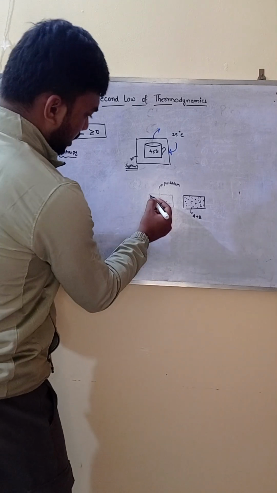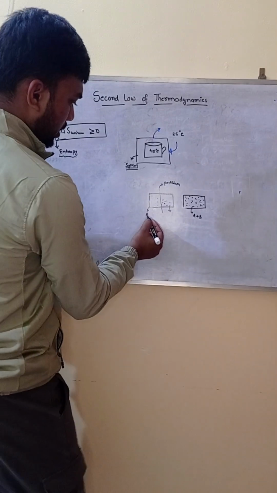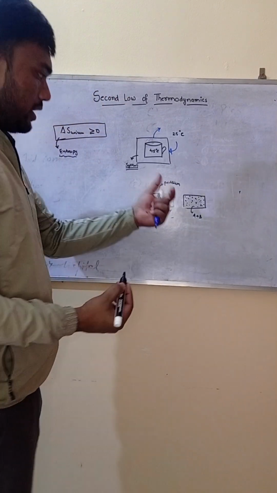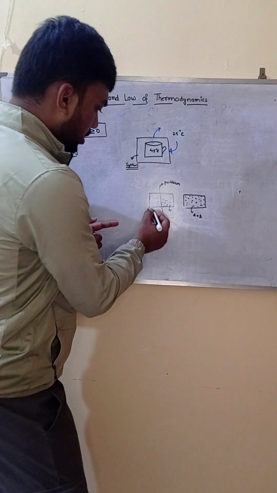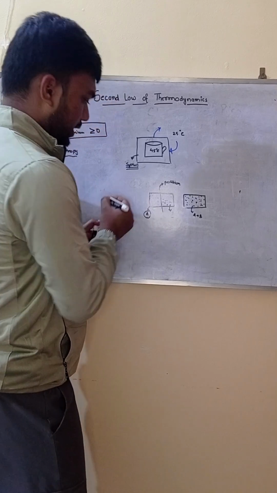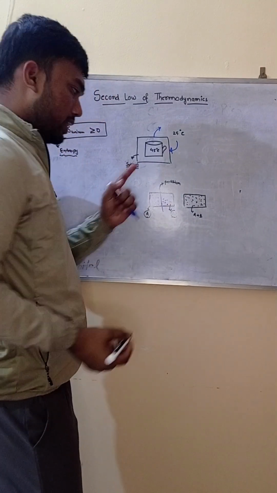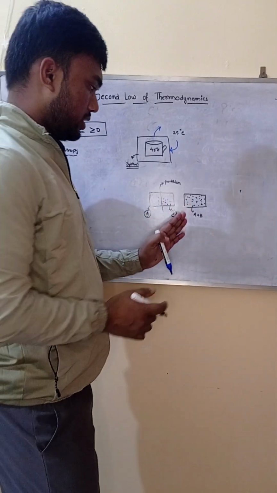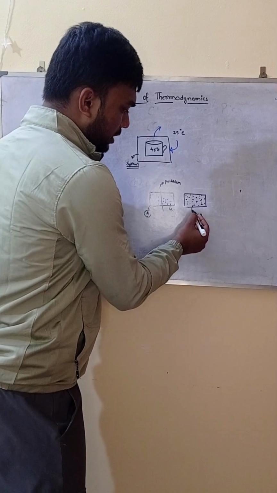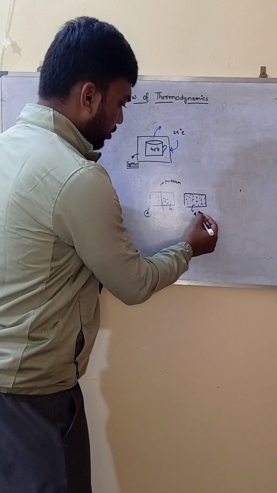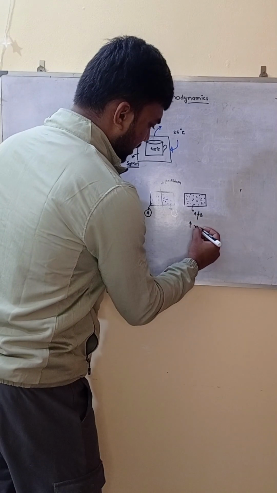Let's take the example of a chamber where two gases are taken. One is A and another one is B. And here you can see there is a partition between them. If we take a molecule from the left side of the container, it will be A. If we take a molecule from the right side, it will be B. But after removing the partition, these molecules will diffuse into each other, and if we take a molecule, we cannot say whether it is A or B. We can also see there is increased randomness.